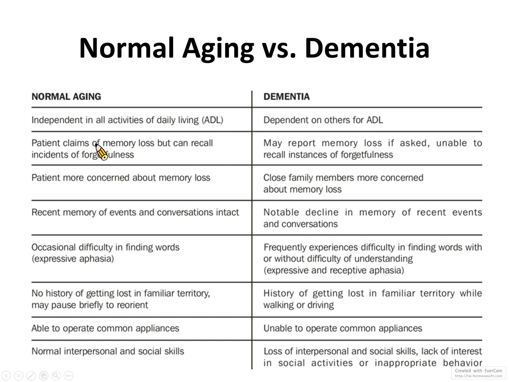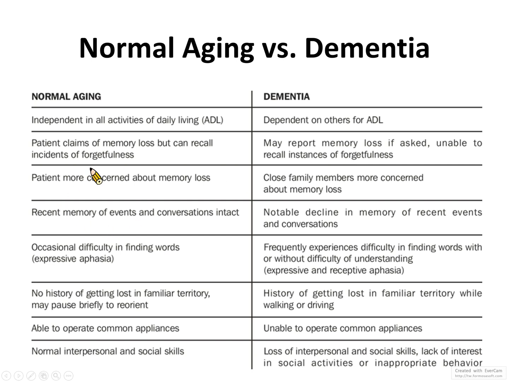And in normal aging, people make claims of memory loss, but can recall incidents of forgetfulness. In contrast, people with dementia may report memory loss if asked, but are unable to recall instances of forgetfulness, meaning that patients with dementia usually don't know about their memory loss, but the symptoms are usually observed by families.